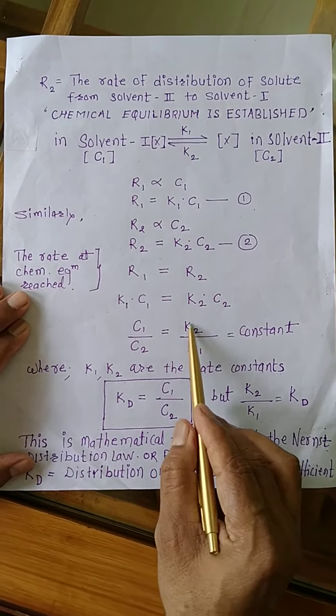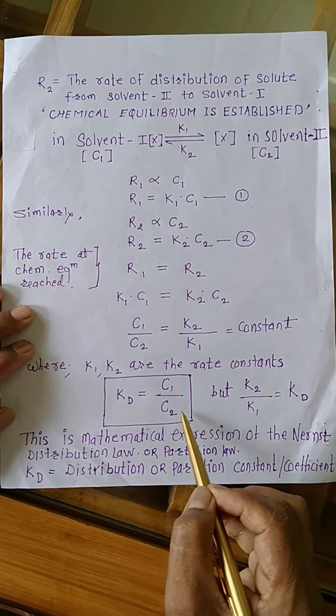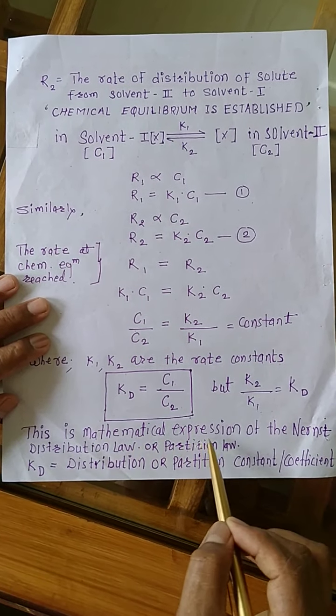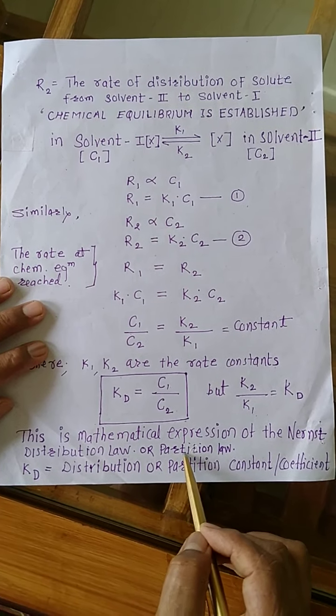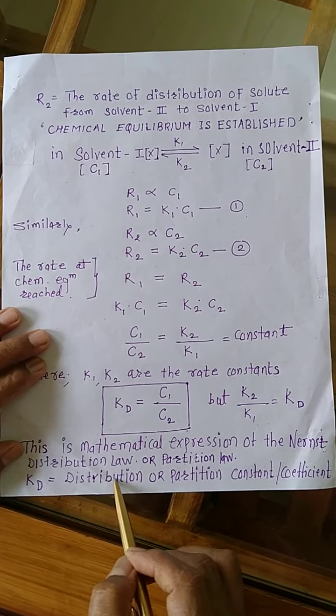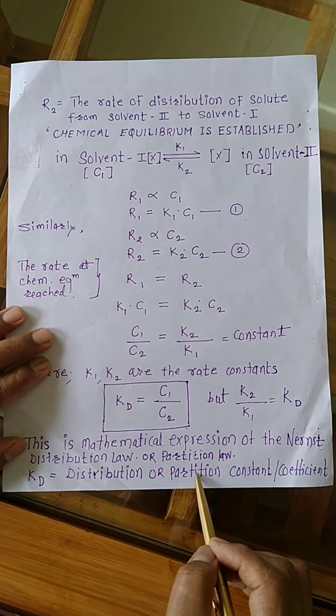Substitute this value in this equation, then KD is equal to C1 upon C2. This is the mathematical expression of the Nernst distribution law or partition law, where KD is the distribution constant or coefficient, or partition constant or coefficient.